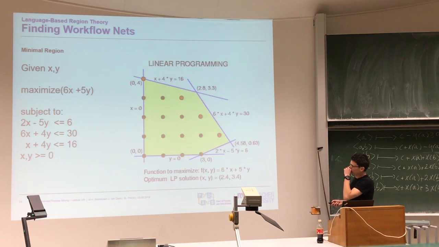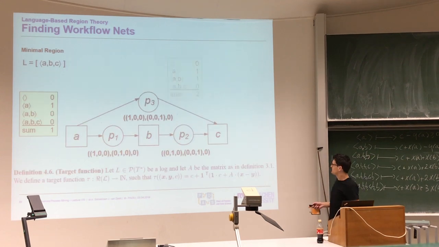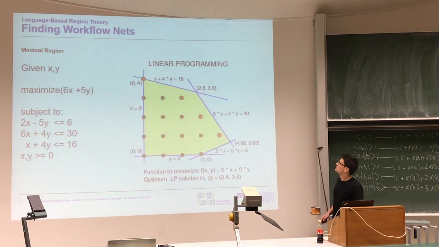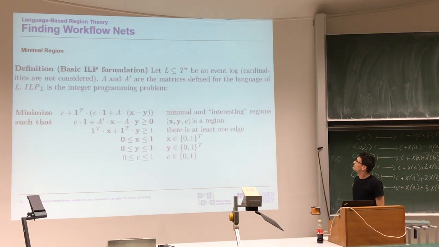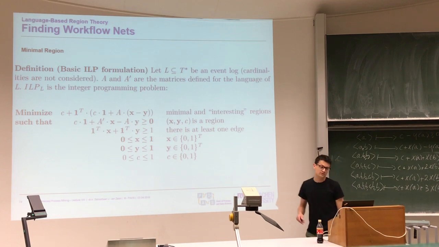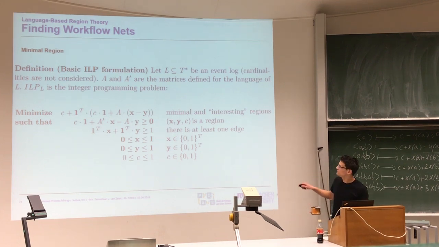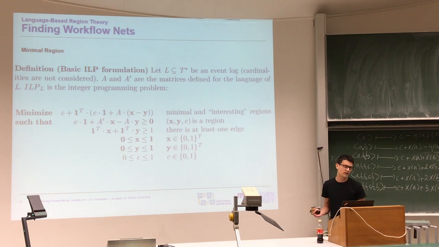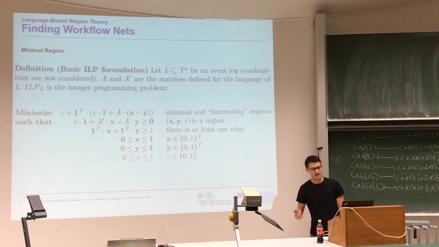There's also an objective function that we can use for that, written like this. For the sake of time, I'm not going into too much detail. The only thing you need to know is that it favors both minimal regions and regions that have a maximum number of outgoing arcs, so maximize the y component and minimize the x component.